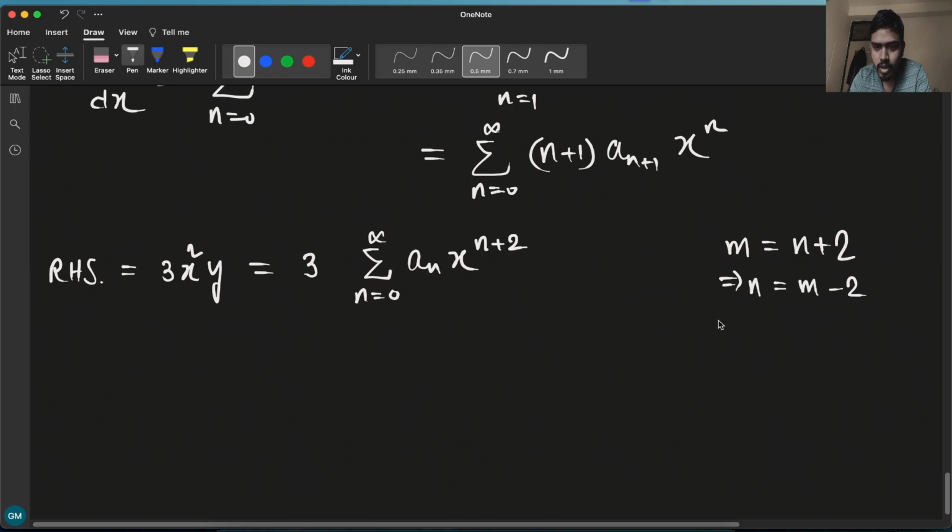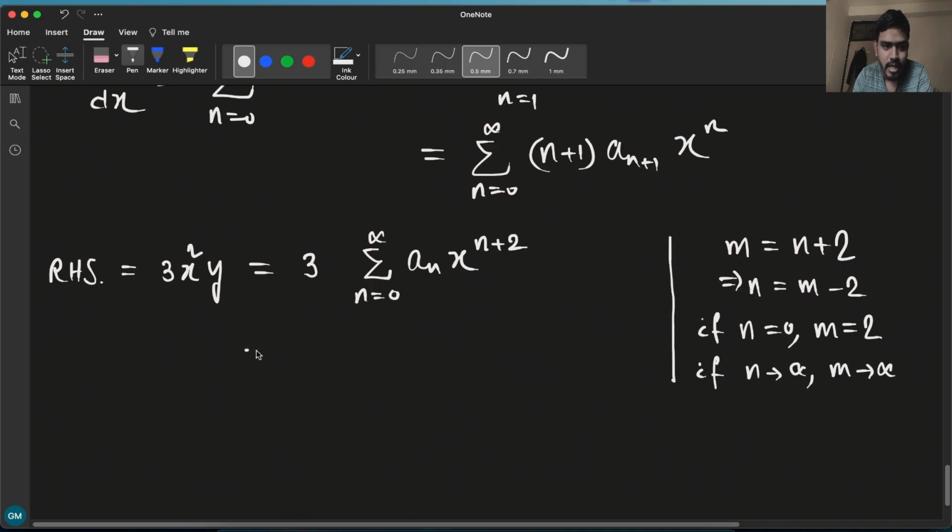Now if n equals 0, then m equals 2, and as n tends to infinity, m also tends to infinity.